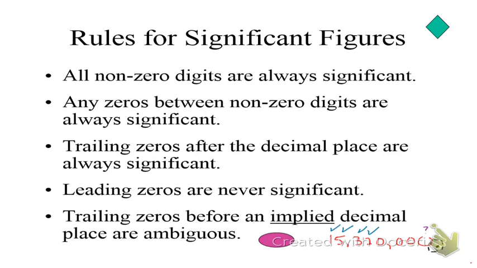We don't know if that's where the uncertainty begins and those others are known, or does the uncertainty begin here, or here, or here? In just a minute, I'll show you that if you have a large number like this with trailing zeros before an implied decimal, there's a way to clean it up with scientific notation. We'll do that in a minute.